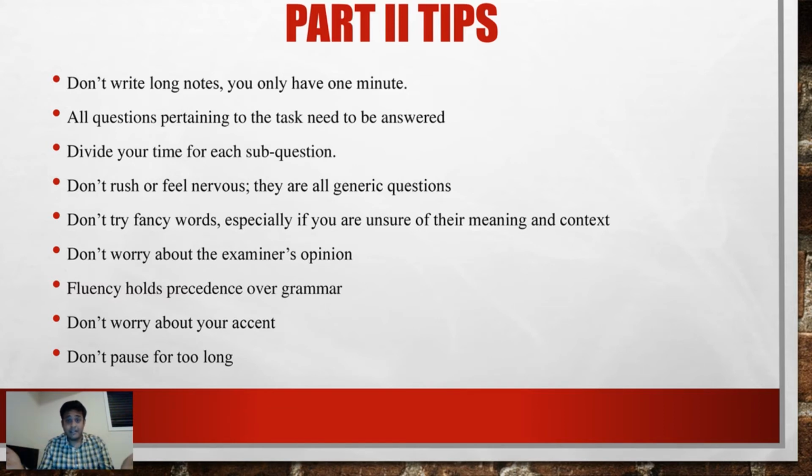What do I mean by generic? They are questions pertaining to any individual. Any and every individual would have experienced that situation at least once in his or her life. So these are the types of questions that are coming in. Nobody's going to ask you the gravitational pull of the earth. So don't worry about that. It's all generic. So relax about it.